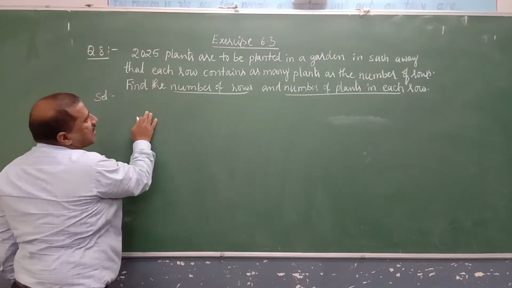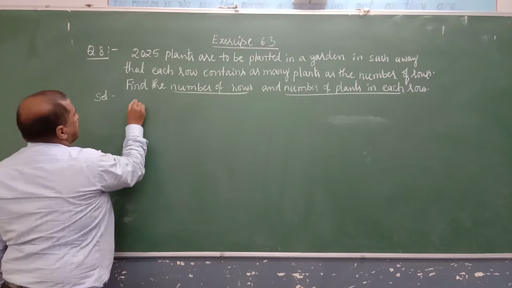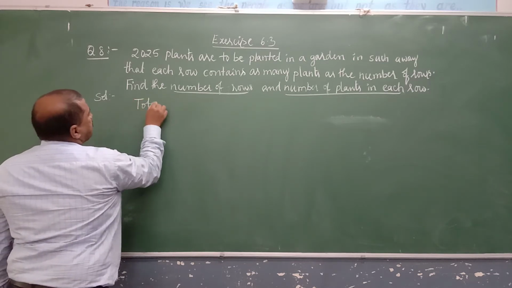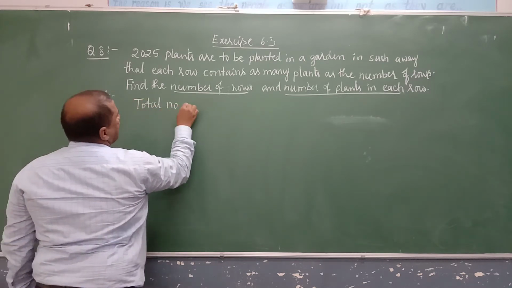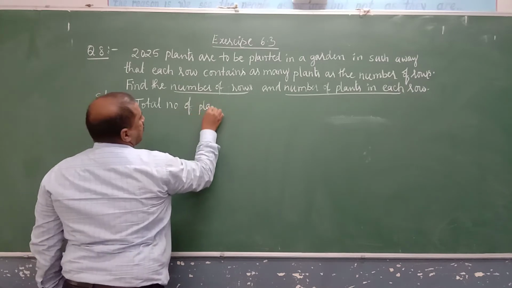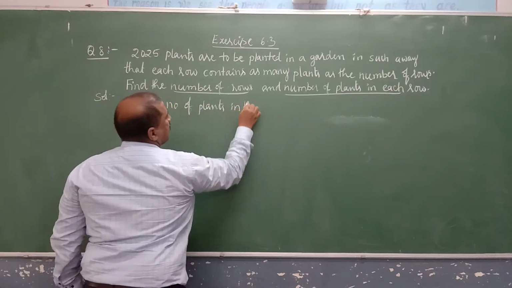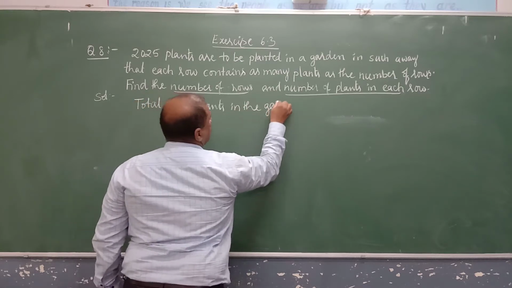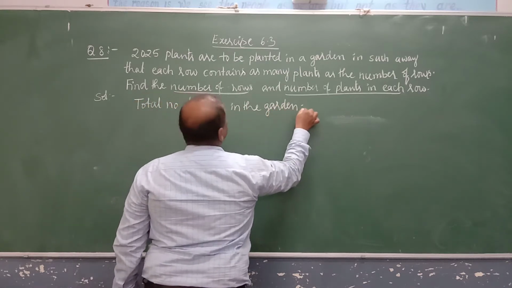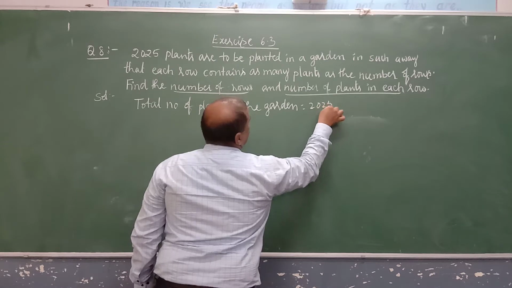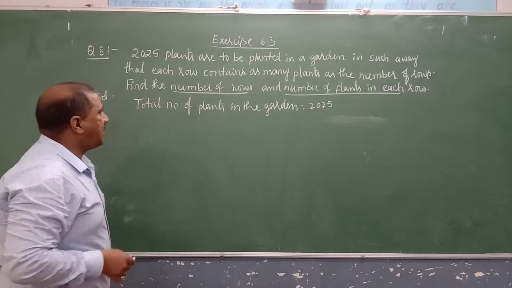How many plants are there in the garden? Total number of plants in the garden is equal to 2025 plants.